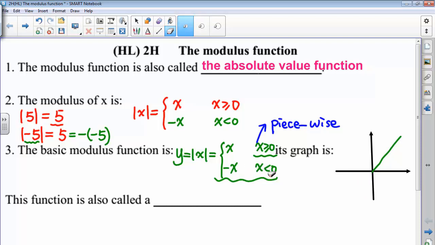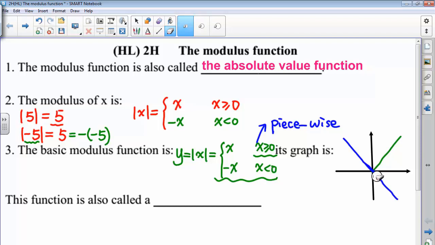For x negative, the function is y equals negative x. If I graph y equals negative x, this graph passes through the origin because the y-intercept is 0 and the slope is negative 1. It should be such a straight line. However, right now we have the restricted domain. We only need this line where x is less than 0.